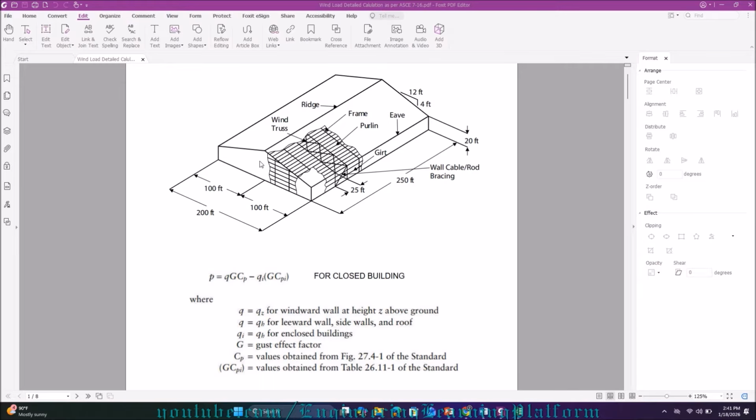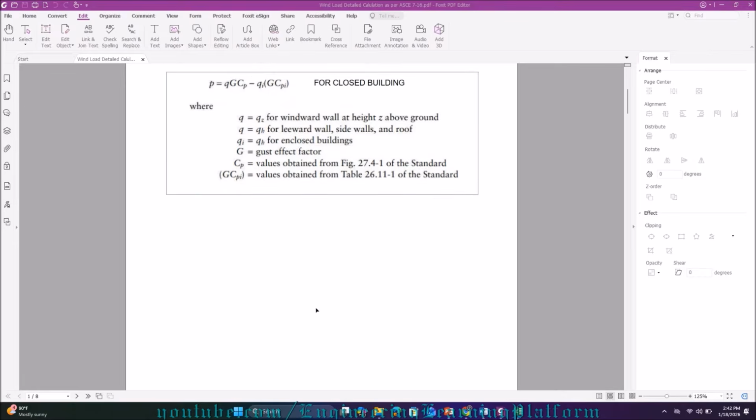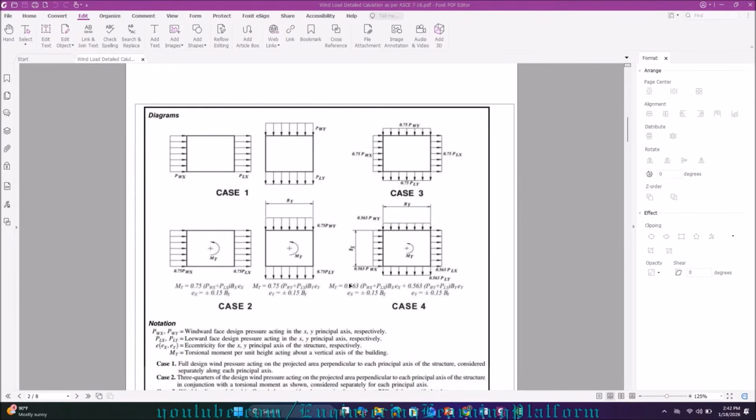Now, we will get the wind pressure using this formula, and I will show you how. But once we get our wind pressure, what does the code say about how we should apply it? The code gives us these 4 load cases in which we should apply the wind load on our portal frame.